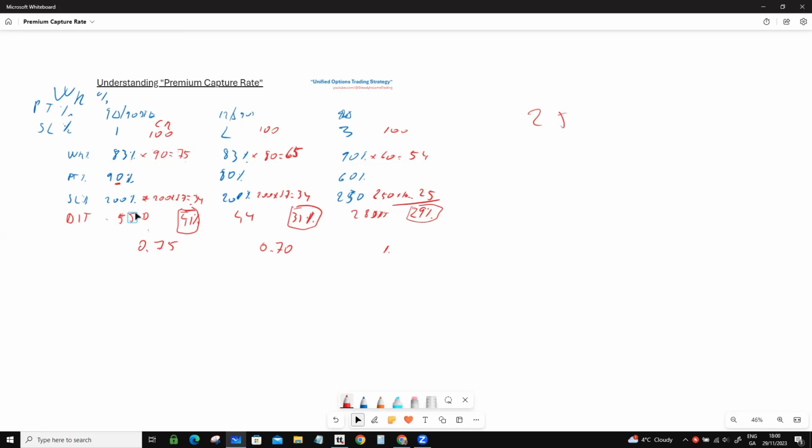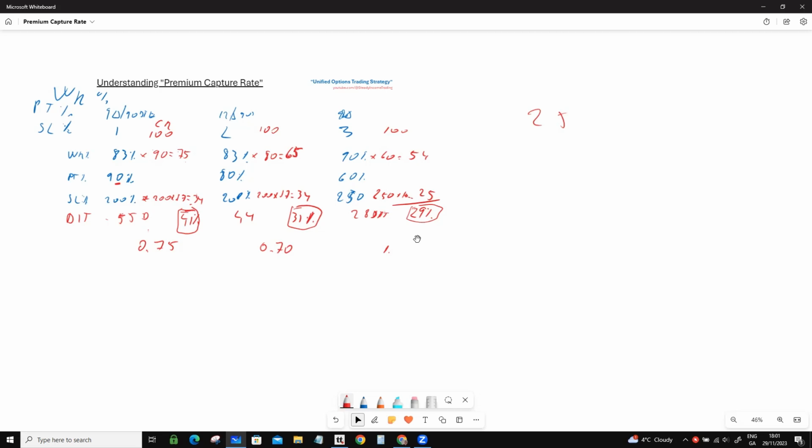Well, occasionally you will not be able to. There's going to be a gap down or something, and you might have to close some of the trades at 250, 300, and that's going to lower your overall PCR. So these PCRs shown here are a little bit optimistic, and I wouldn't use them again because of the slippage, commissions, and inability to close at a predetermined stop loss.